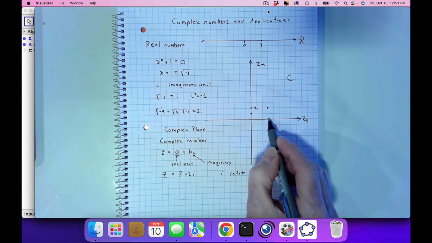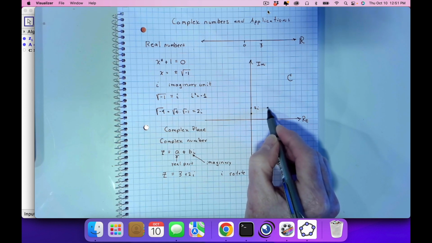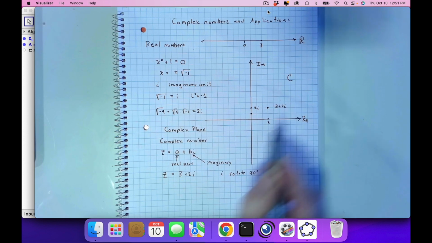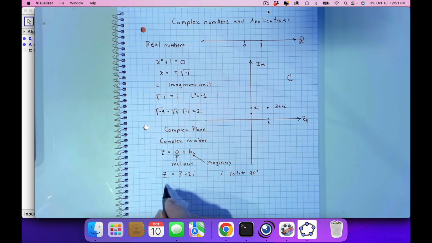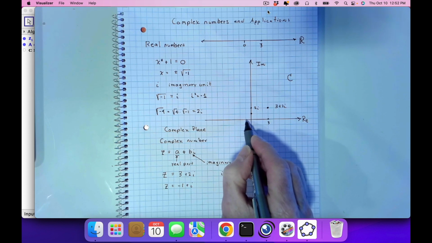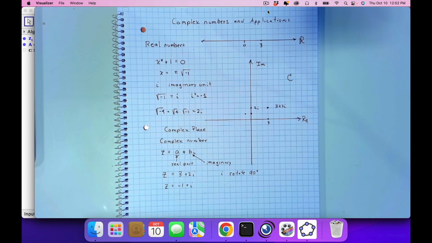So we take 3 steps, rotate counterclockwise 90 degrees, and take 2 steps, and there you are, 3 plus 2i. Another example, suppose I have -1 plus i. We take 1 step in this direction, -1, go up 1 step in this direction, and there's the number -1 plus i.